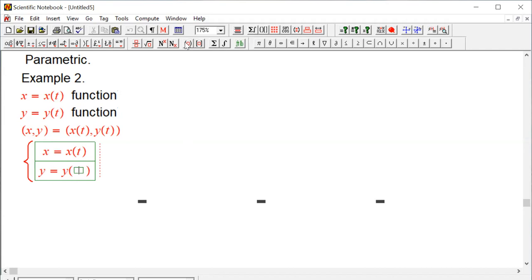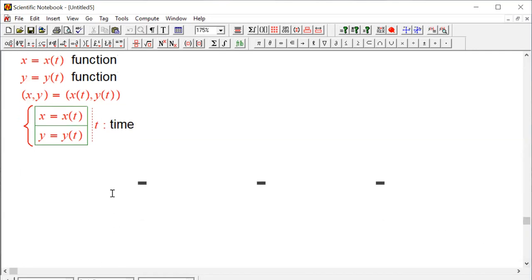So they're put together. And of course, we're going to specify t, and t could be just time. For this, we're going to see an example.